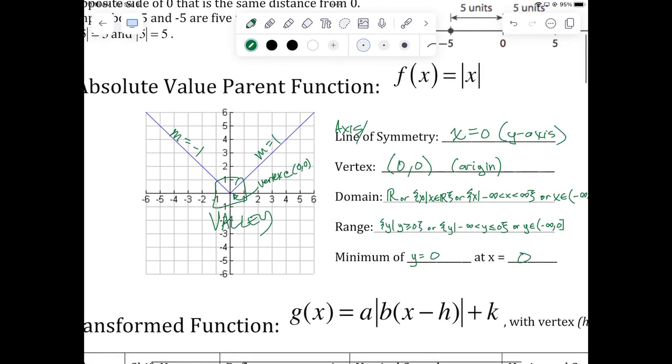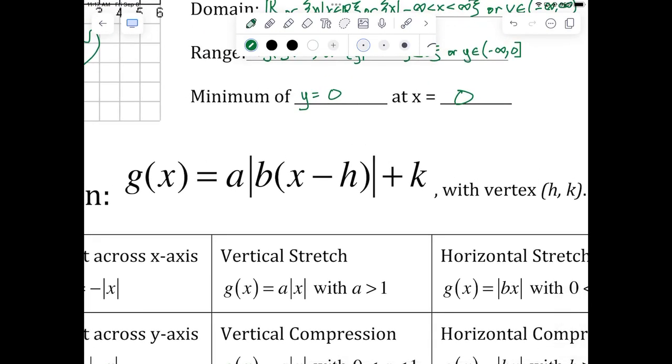Is there anything else that we can say about this graph? A, B, C, D. Right?